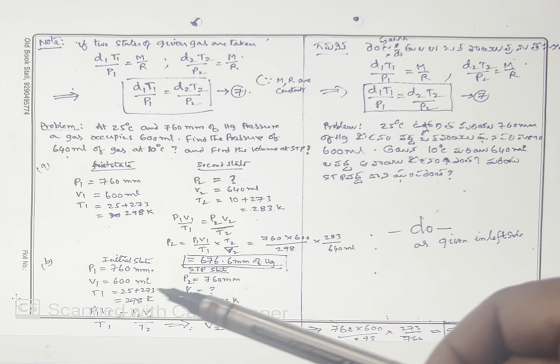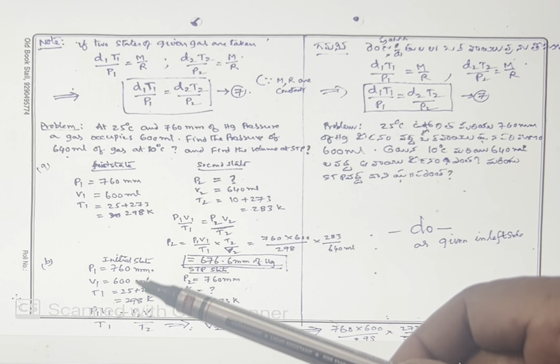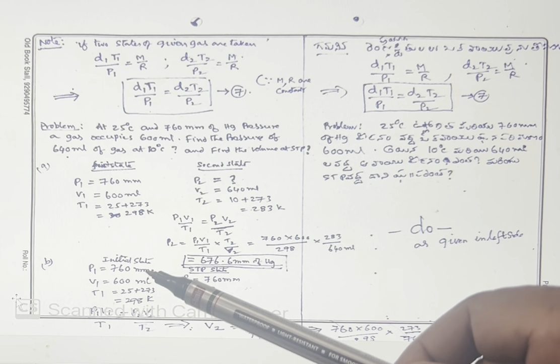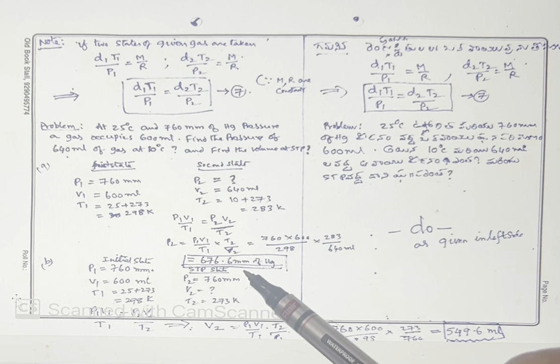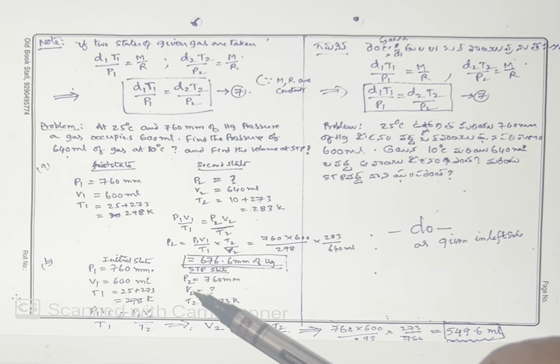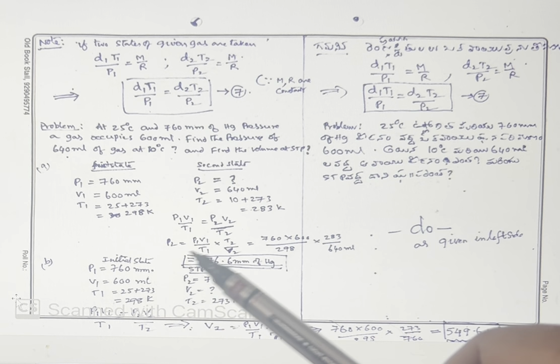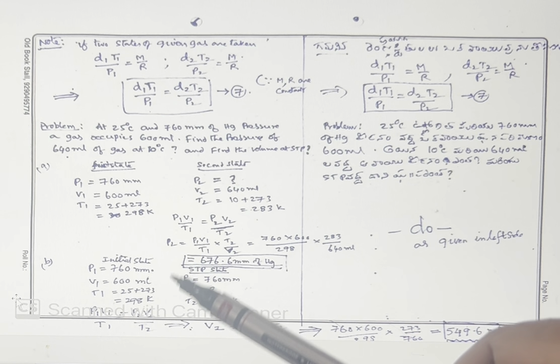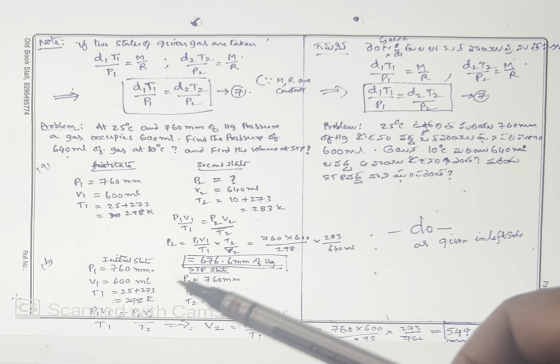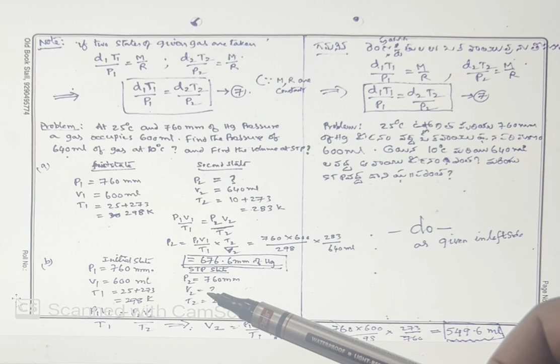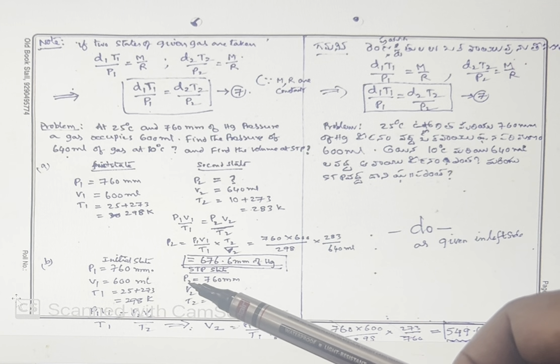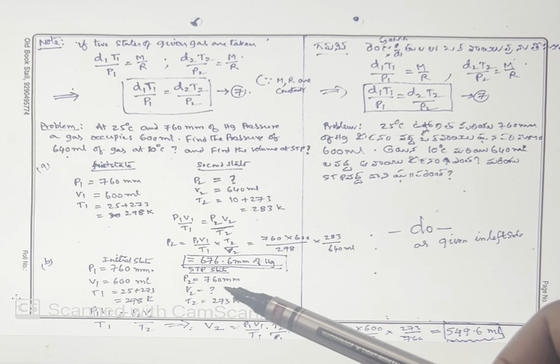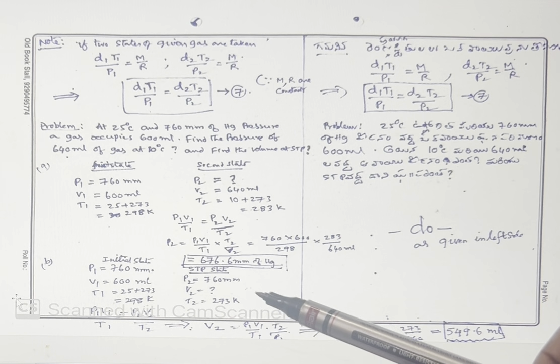You have to see that the units of P1 V1 T1 should be similar to P2 V2 T2. If not, you have to convert, you have to transform them into the same units, then only your problem will be correct. So, P2 is 760 mm, V2 is the question mark, T2 is 273 Kelvin.